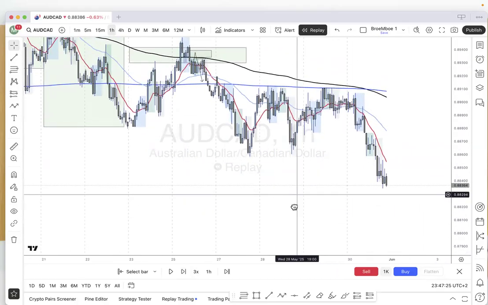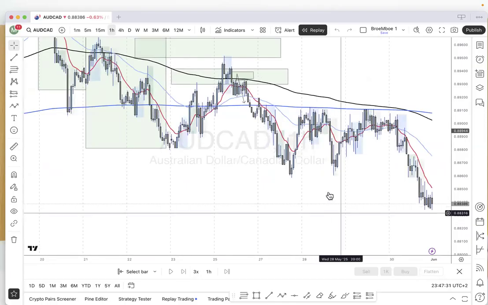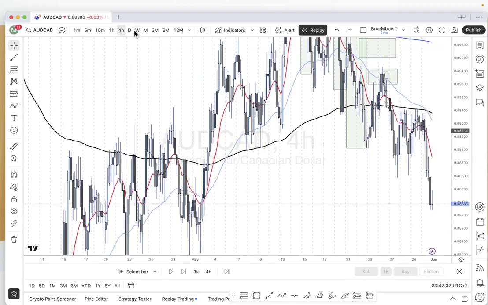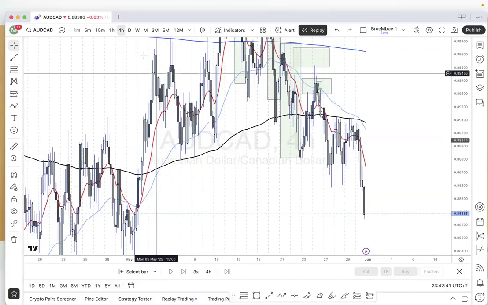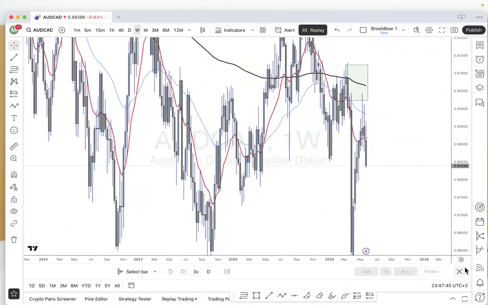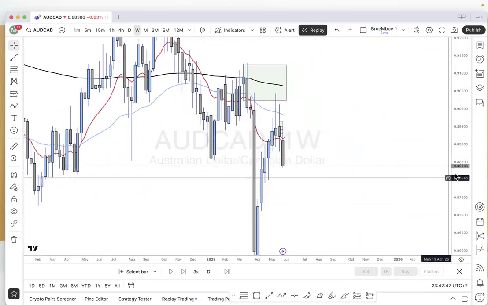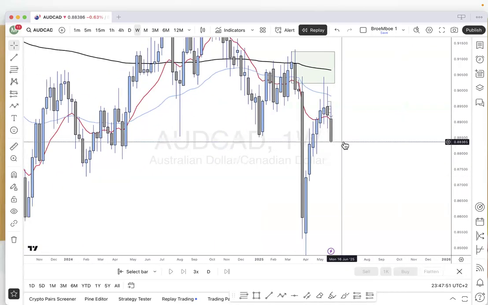So you can see the move all the way through. And what I like about this one is that if you go to the 4-hour time frame, this is what you can see. If you go to the weekly time frame, this is what you can see. So this one, it's already a bearish candle. How nice that is.